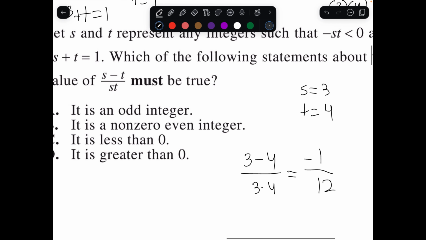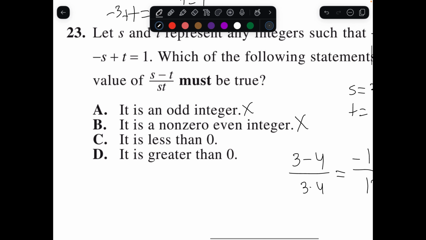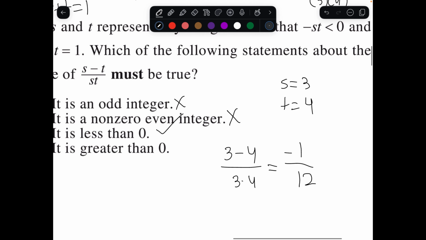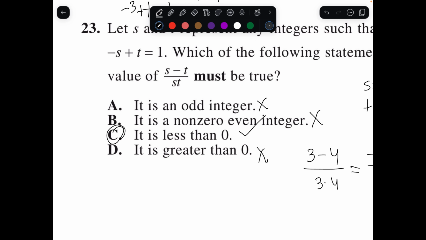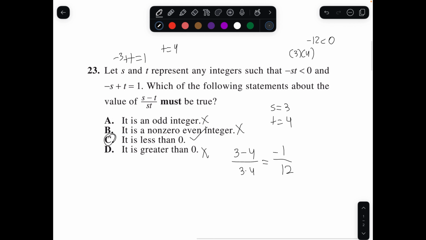Is negative 1 over 12 an odd integer? No. Negative 1 over 12 is a fraction, which is going to be a decimal, right? A decimal is not an integer. It is less than 0. And negative 1 over 12 is not greater than 0. So the answer is C, right?